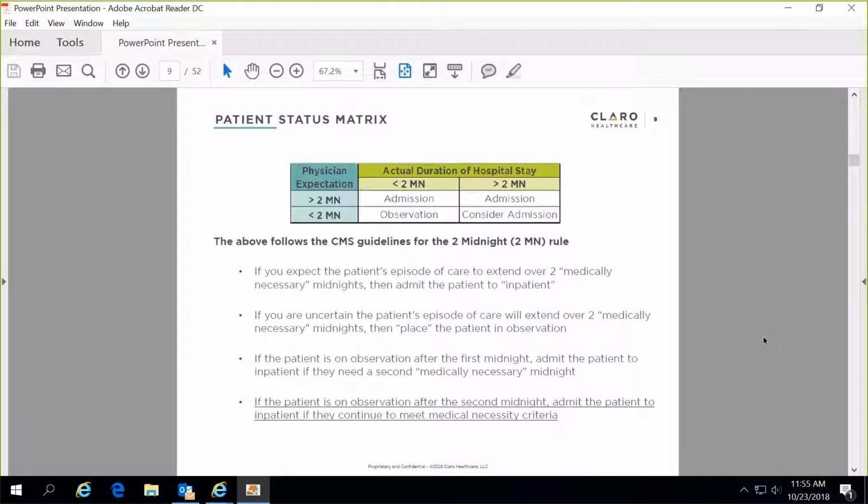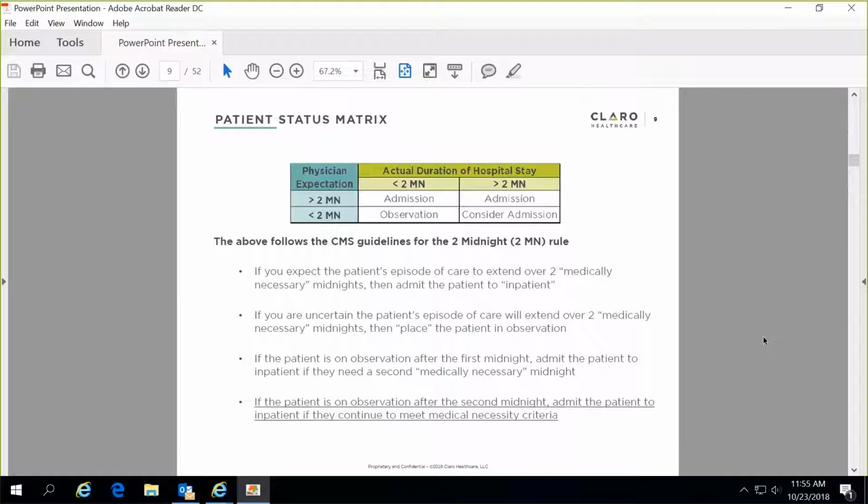If you are uncertain that it will extend 2 midnights, maybe start with OBS, and then after that midnight is up, consider inpatient. You're still monitoring, but you still need to say, okay, the goals have not been met in observation. I'm concerned still. The patient's still in severe pain, or whatever you want to document of why they're needing that inpatient stay.